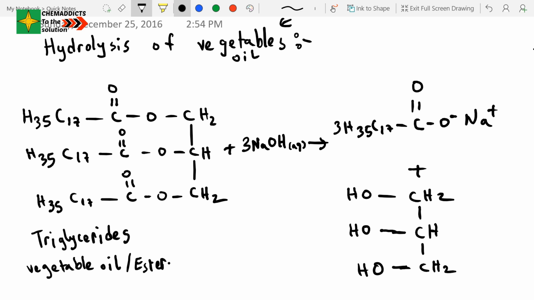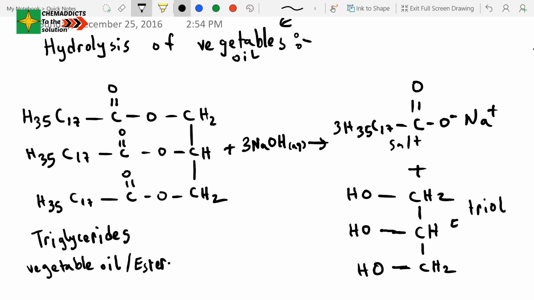Here this salt is formed, and this triol is formed.